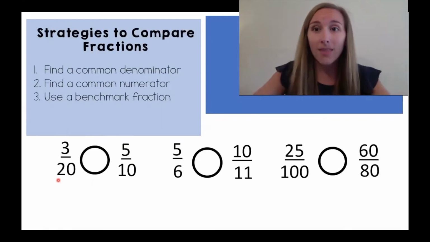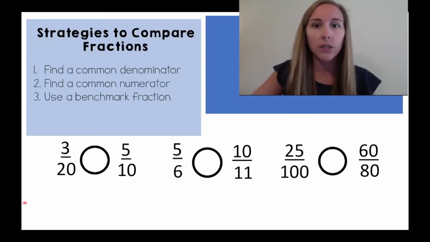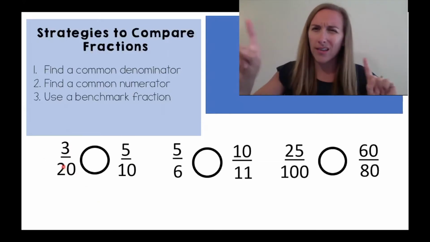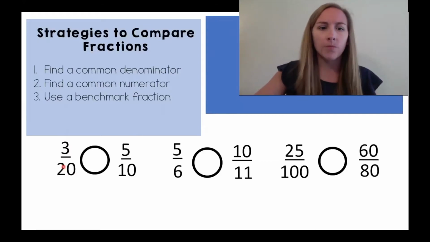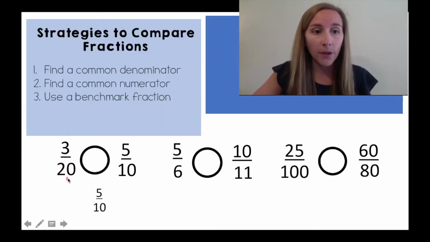But I can make them have the same denominator by finding that equivalent fraction. That's really going to help us in our brain really make sense which one of these fractions is bigger. So we'll start with this first strategy. Okay, so I'm looking at my denominators and I have 20 and 10.